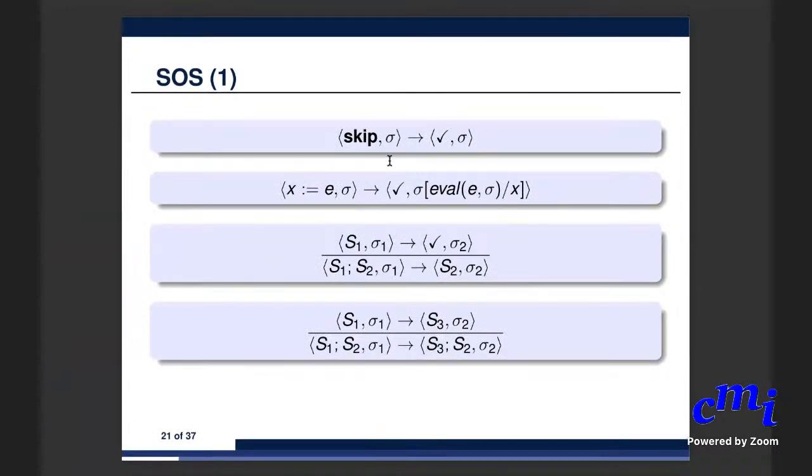Because skip is a terminal command, just like in your grammar, you just define it. So there's no assumption. Okay, thanks. Sir, in the third inference rule... I'll get to that. Let's first get through the first two.